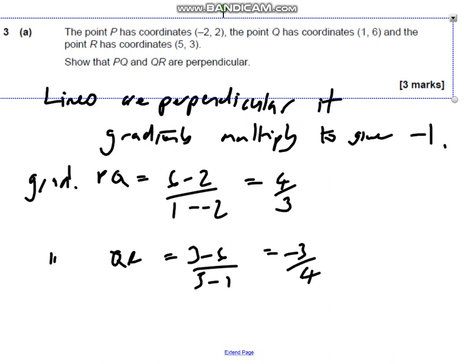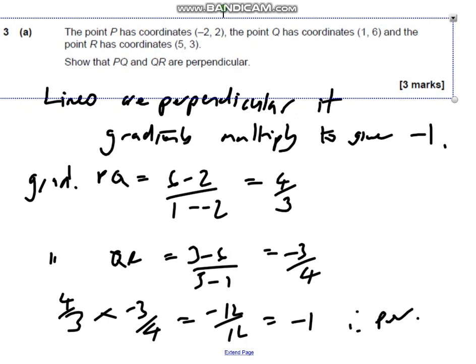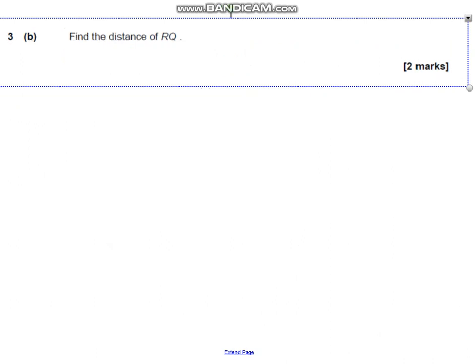And obviously 4 over 3 times minus 3 over 4 is equal to minus 12 over 12, which is equal to minus 1, and therefore they are perpendicular. Okay, doctor writing, but you know what it says because I said it.